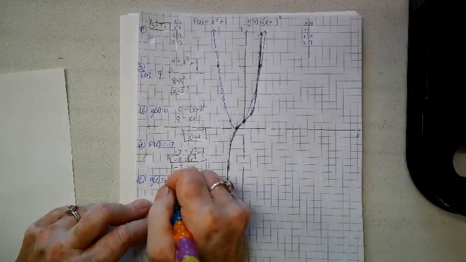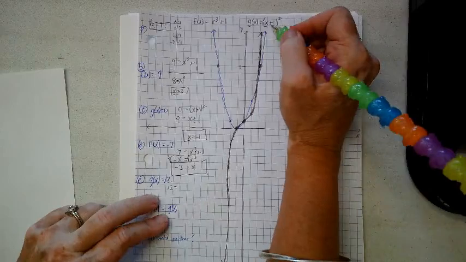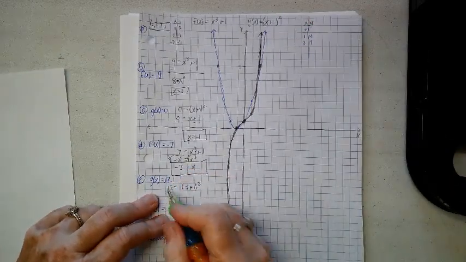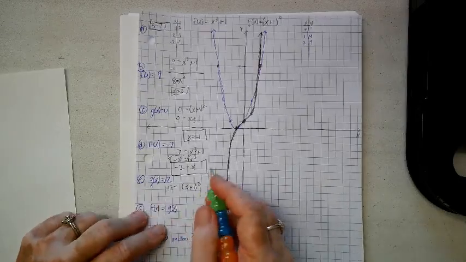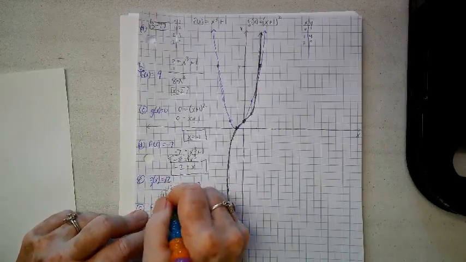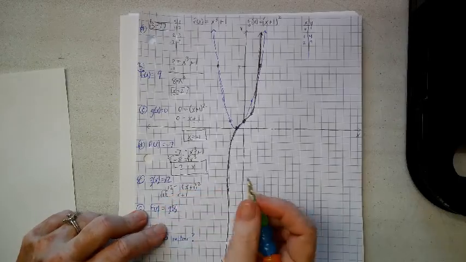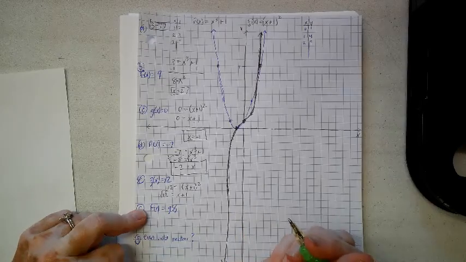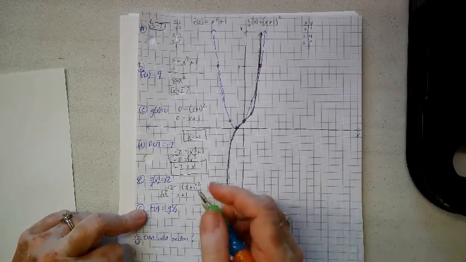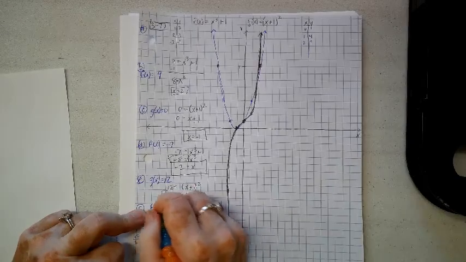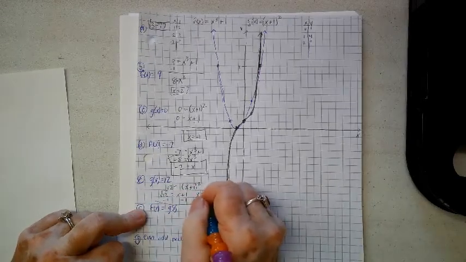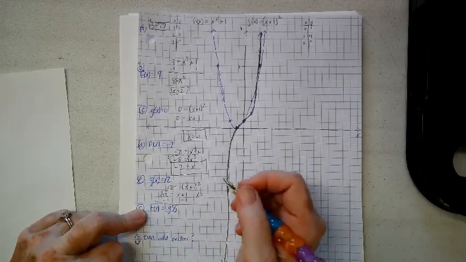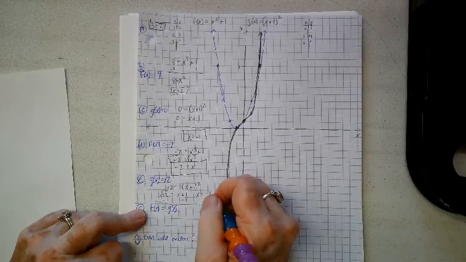So I'm going to say 12 is equal to, g of x is x plus 1 all squared. So square root both sides. So I get the square root of 12 is x plus 1. And then I'm going to subtract 1 on both sides. So I have that x is equal to negative 1 plus or minus the square root of 12.